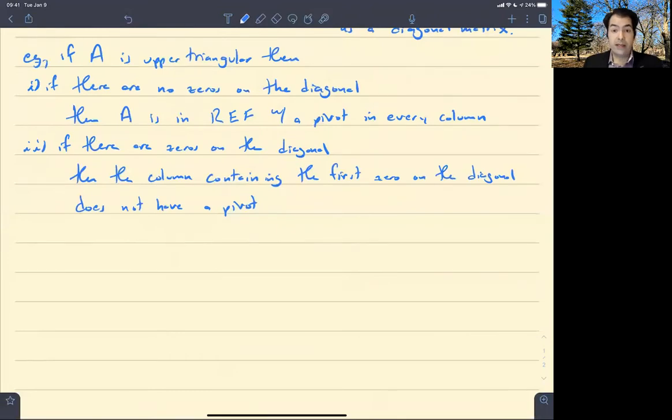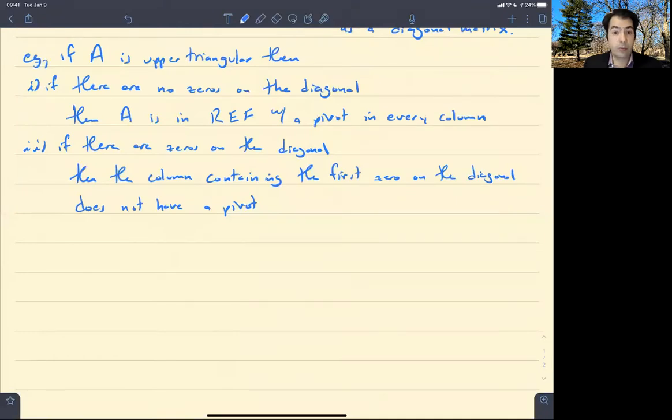So we know that a matrix is invertible precisely when the reduced row echelon form is the identity matrix. So this tells us that whether or not an upper triangular matrix is invertible, we can just read off immediately from looking at the diagonal, right?